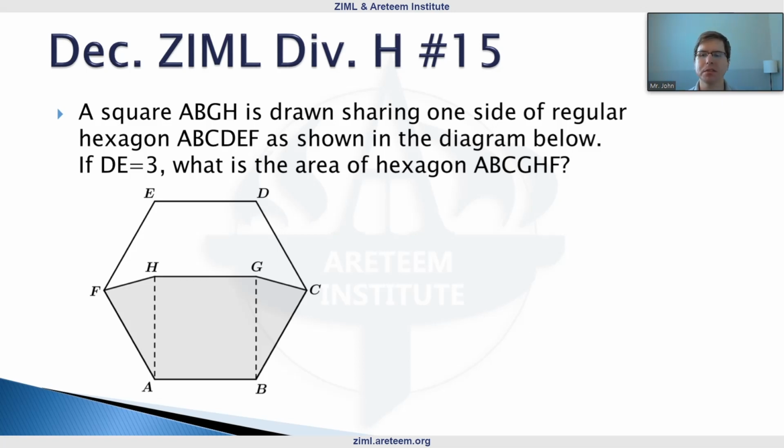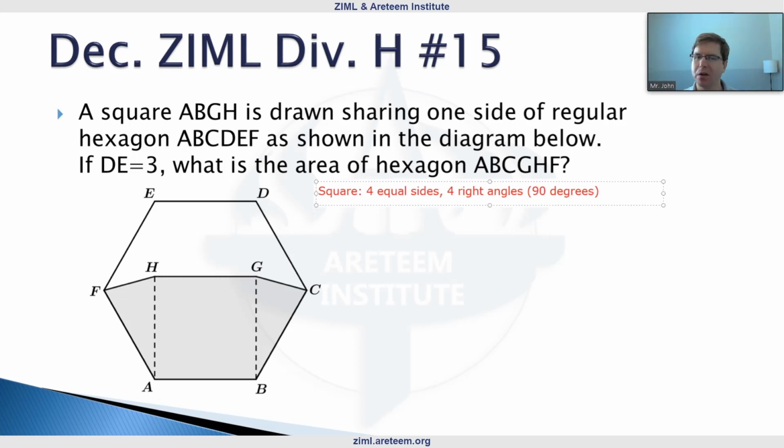So first of all, some vocabulary, right? What is a square? Of course, we know a square has all equal sides and all equal angles, and all of those angles are right angles. So square: 4 equal sides, 4 right angles, 90 degrees each. And what about regular hexagon?